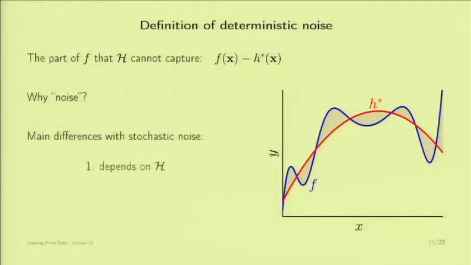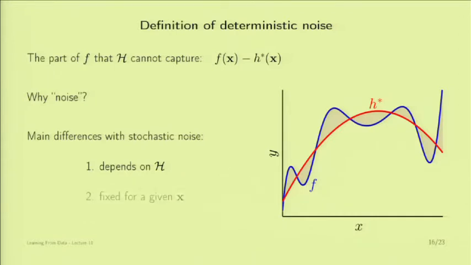But the main differences are, the first thing is that deterministic noise depends on your hypothesis set. For the same target function, if you use a more sophisticated hypothesis set, the deterministic noise will be smaller because you were able to capture more, okay? Obviously, the stochastic noise will be the same. Nothing can capture it, so all hypotheses are the same. We cannot capture it, and therefore it's noise.